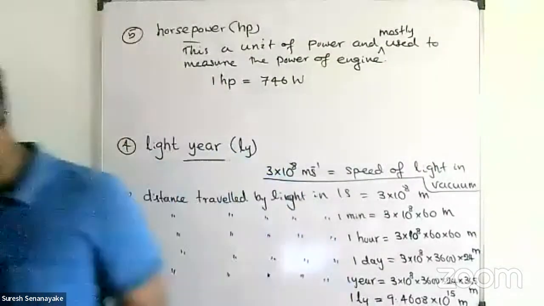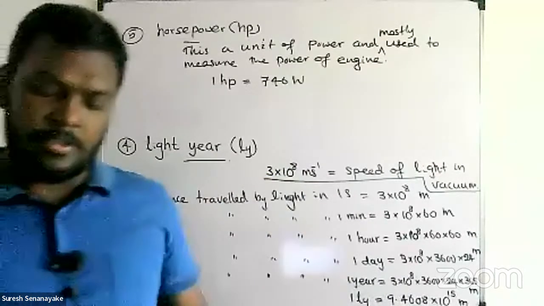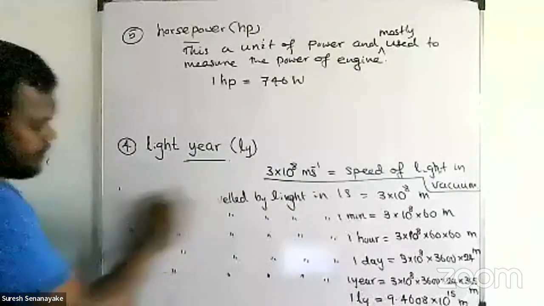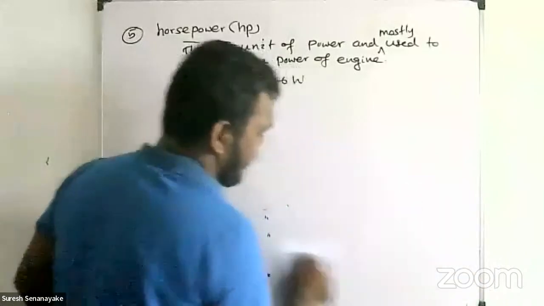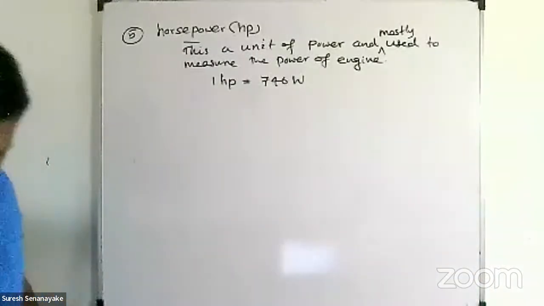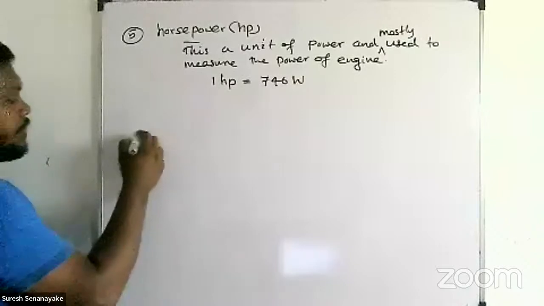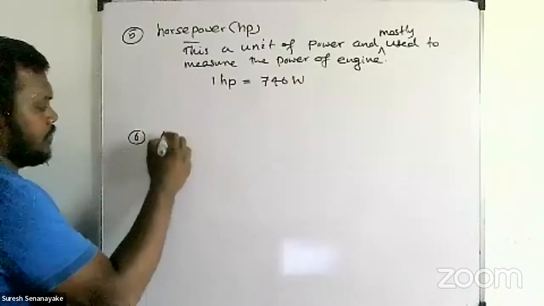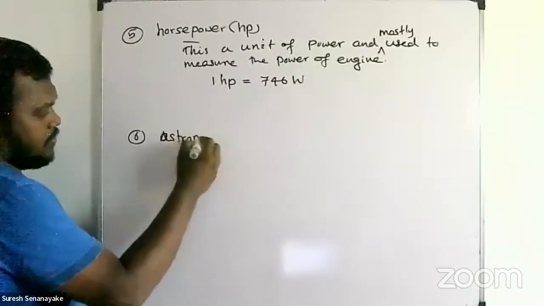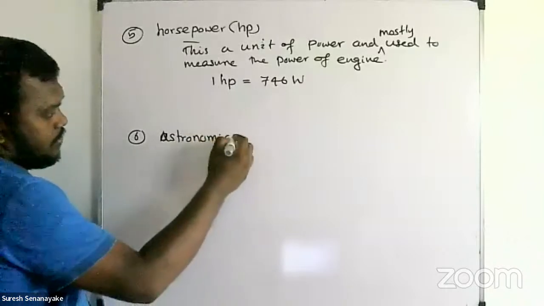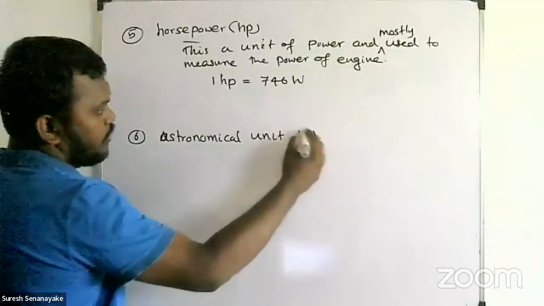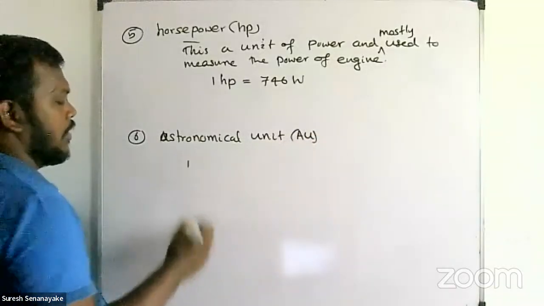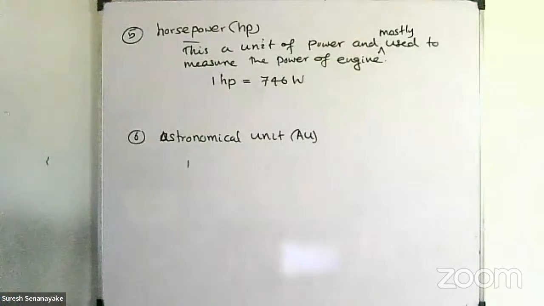Then another last one, the sixth one, the astronomical unit. Use AU. This is the average distance between the sun and earth.